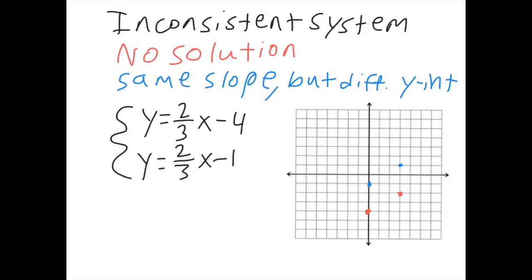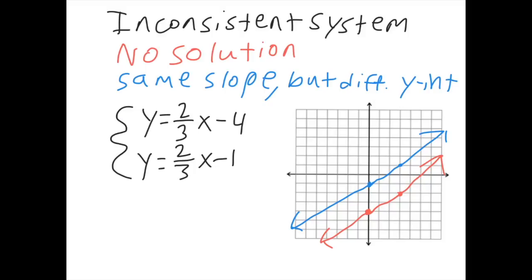Then we connect them to make lines. And we have two parallel lines. They go on forever and will never touch each other. They will never intersect. So that makes it so they have no solution. There's not a solution at all that will make the system true.